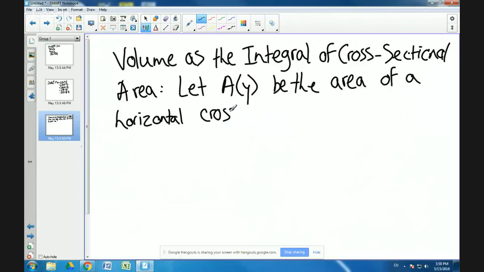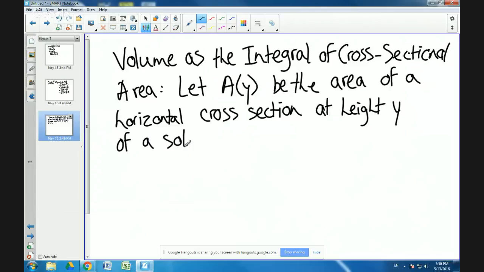This is the cross section of your solid, from two different points.